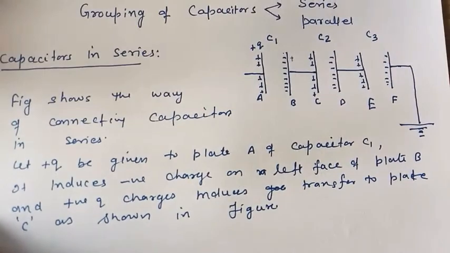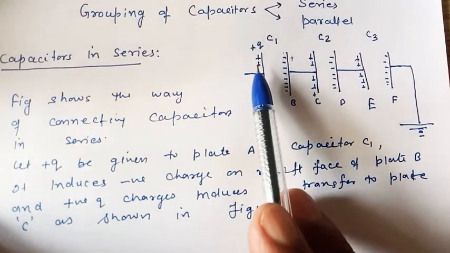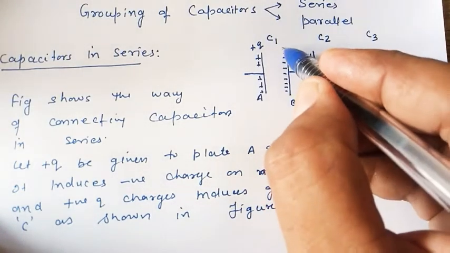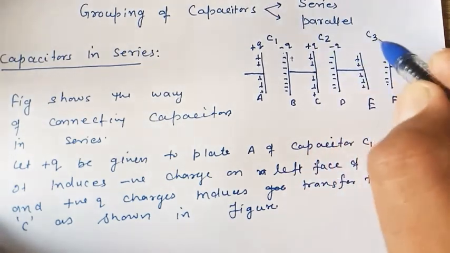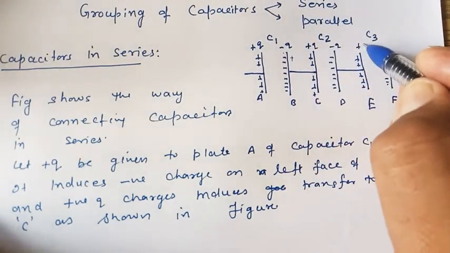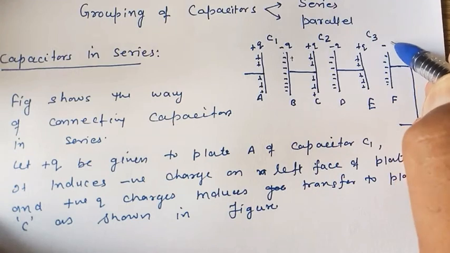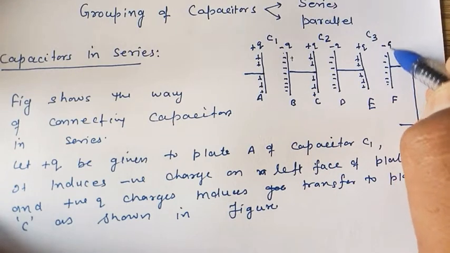So what do you see in the figure? You have given a charge plus Q here. So the negative charge is induced here, the same positive charge comes there, and negative charge on plate D, positive charge on plate E, and negative charge on plate F.